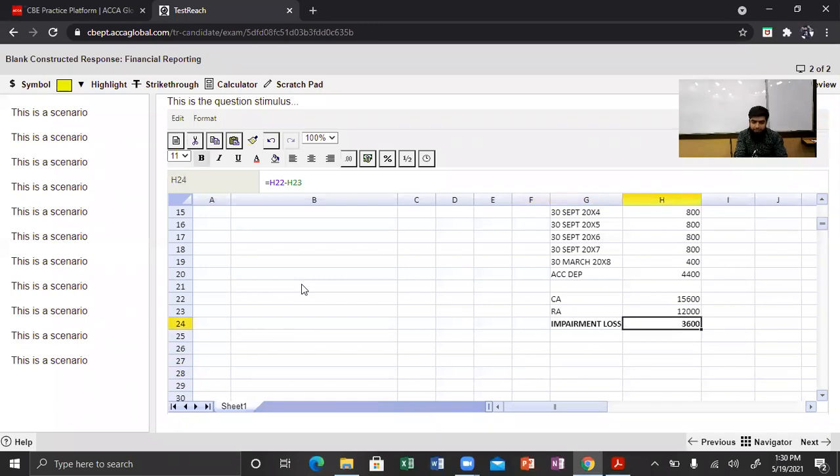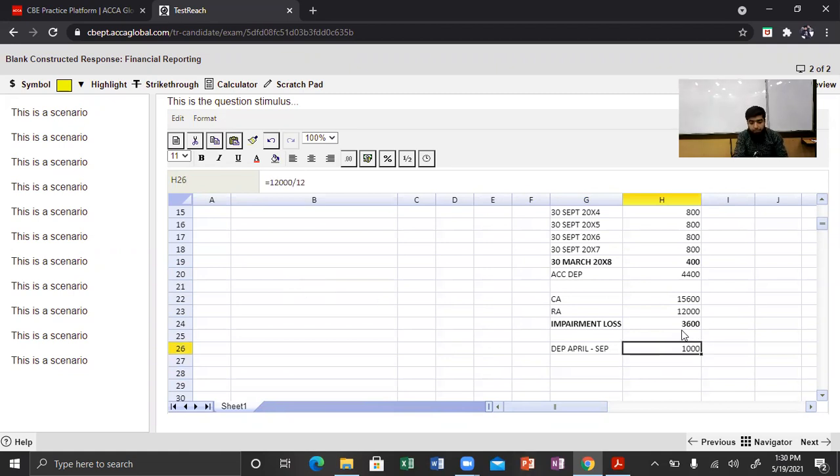So first of all, let's record the depreciation. The depreciation for the first 6 months is 400. And after impairment, the depreciation for the next 6 months, from April till September, will be charged on the recoverable amount, that is 12,000, over its remaining useful life, that is 12, so 1,000.